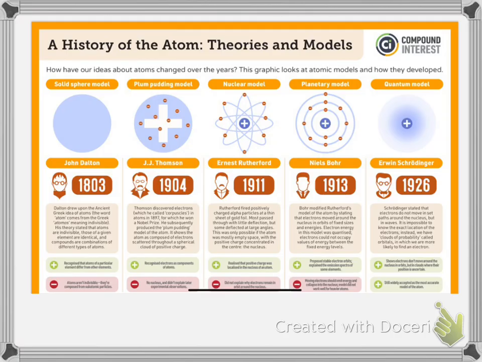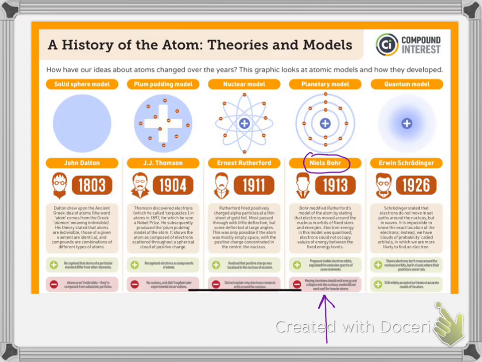It was Bohr's model that started to think about how the electrons were outside the nucleus, and his model is here almost at the end, Bohr's model. He had this kind of planetary model where you had the nucleus and then the electrons orbited in specific energy values, what we call quantized energy levels, around the nucleus.